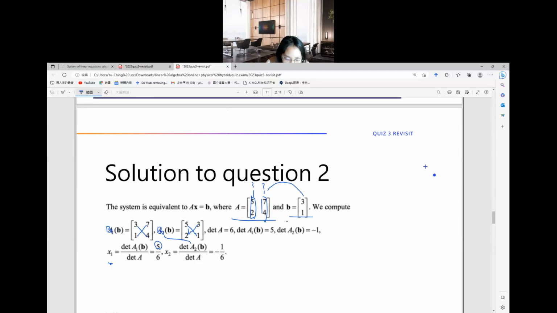So that's minus 1. And for the A matrix itself, the determinant is 5 times 4, subtract 2 times 7. So that's 6. So eventually I can compute x1 as 5 over 6 and x2 equals minus 1 over 6. And that will be the solution of Ax equals b.